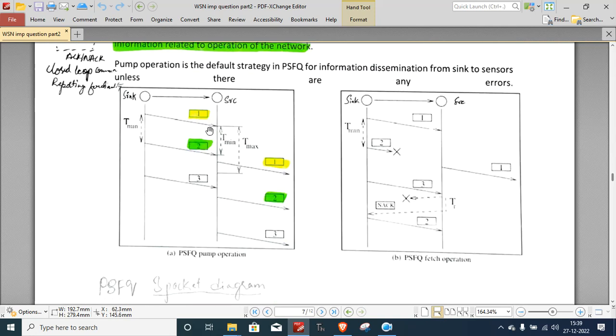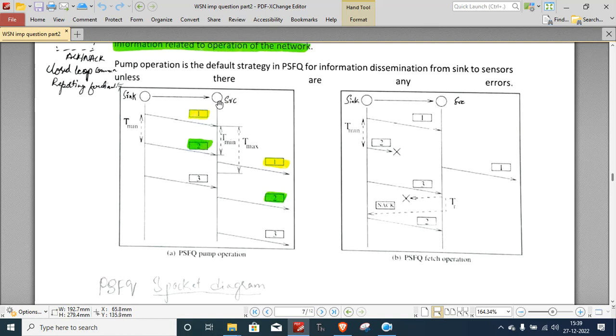Here you can see there is this sink and source, and three packets are being sent from the sink to the source. After passing the first packet, the sink waits for the minimum amount of time, t-min, and only after waiting for t-min can it send the second packet, likewise the third packet.